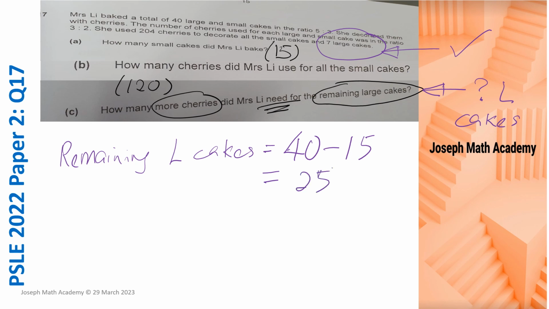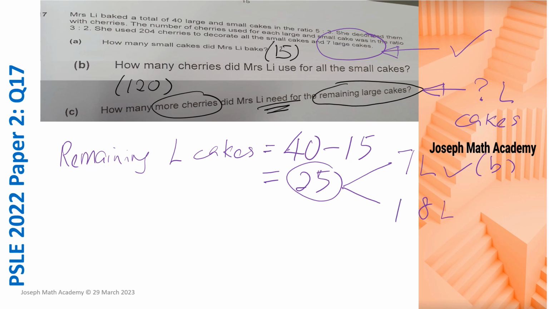And for these 25 large cakes, Mrs. Lee gave us the information that she used some cherries on 7 large ones. This one is settled in part B, right? So 25 minus 7 will give us 18.